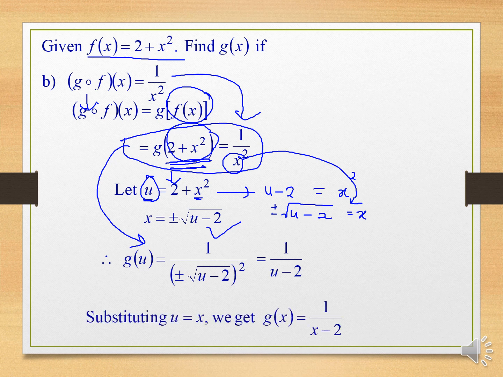Therefore, change the variables in terms of x. So we have g(x) equals 1 over x minus 2.